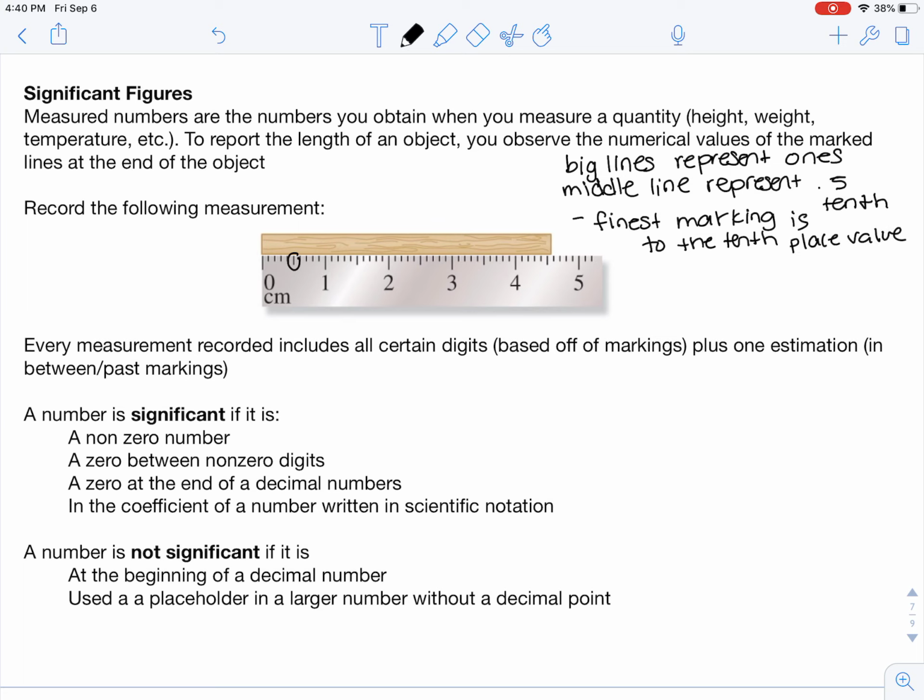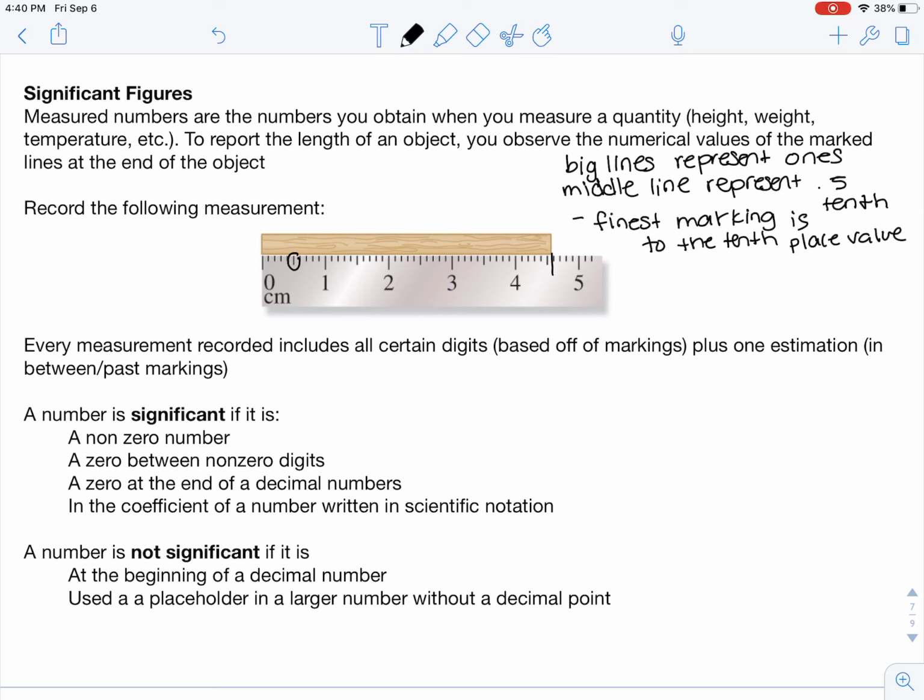So if you wanted to record this measuring device with this wooden tool, you would see, all right, I'm right over here somewhere. I'm not exactly at the line.